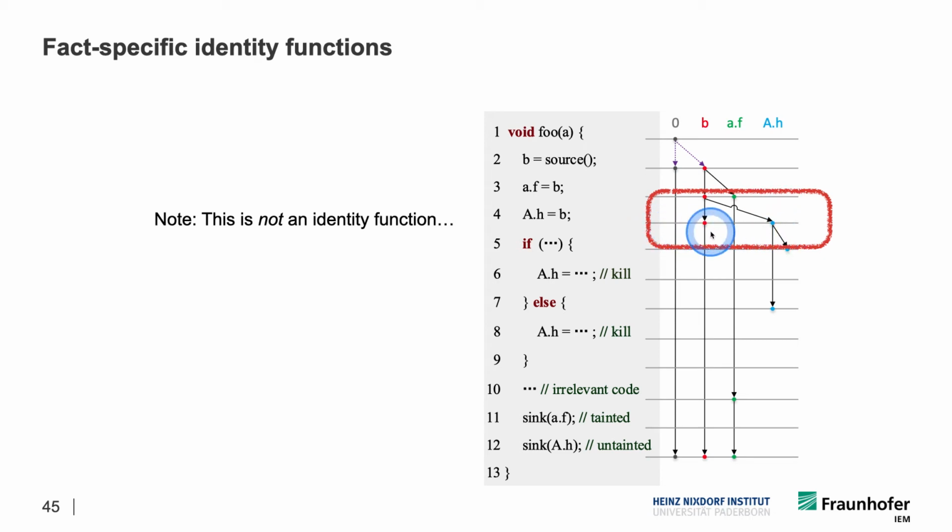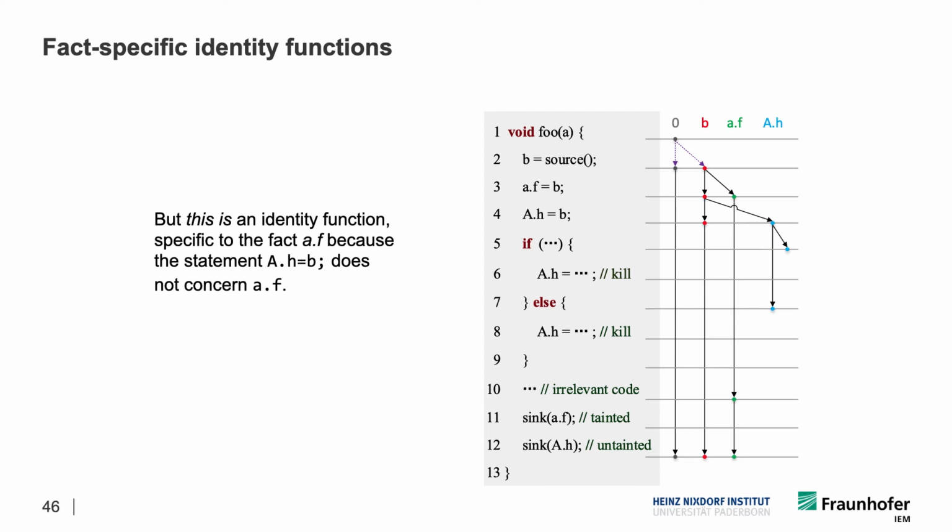If you look at this as a whole, then this is not necessarily an identity function. But if we look at individual statements, or individual facts, such as this one here, then we can have fact-specific identity functions. And that's exactly what this approach recognizes.